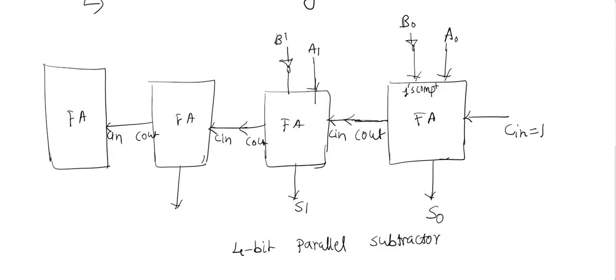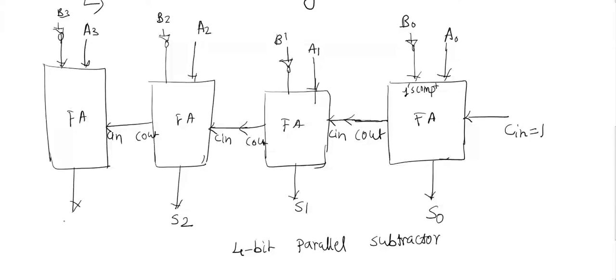Similarly, the third full adder is accepting the inputs A2 and B2, the 1's complement of B2, and the addition is performed with the carry, and the final output generated is S2 and the carry out. That carry out is given as an input to the next full adder along with the input variables, that is A3 and B3.